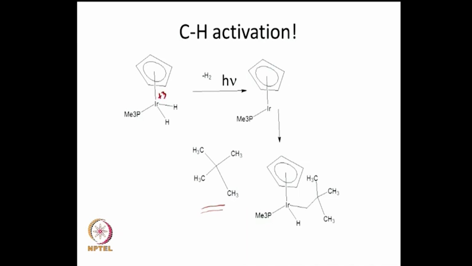If you excite it with light, it extrudes a molecule of hydrogen and results in the formation of an iridium 1 species.